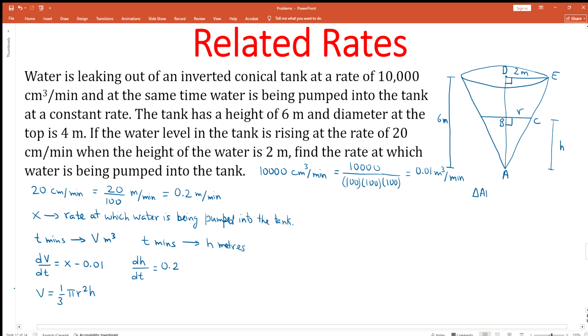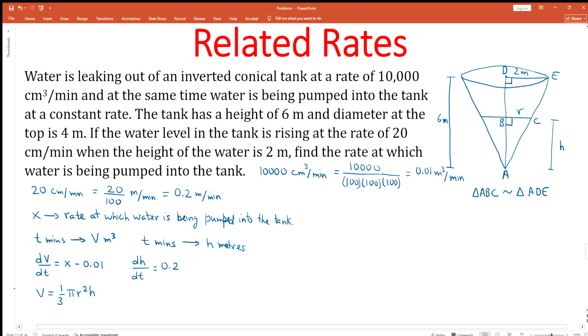Triangle ABC is similar to triangle ADE as per the AA similarity rule because angle A is common to both triangles and both triangles have right angle at corners B and D. Since these triangles are similar, the ratios of their corresponding sides should be the same.